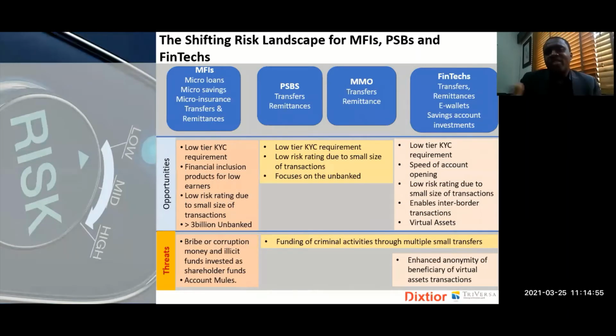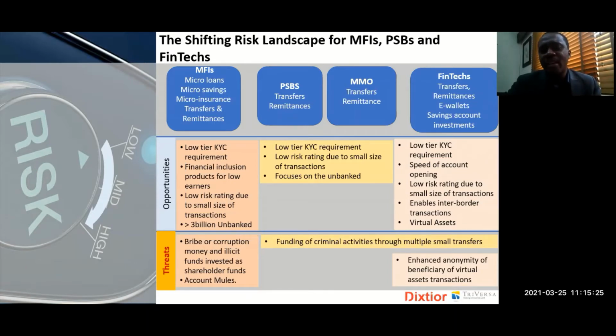And then of course the fintechs come in with e-wallets, savings accounts, and different forms of investments that they allow. With this environment, there are opportunities and also threats. The key opportunities are low tier KYC requirements, financial inclusion products for low income earners, and a low risk rating due to the small size of transactions. And of course, you have over 3 billion unbanked people that the market really wants to exploit.